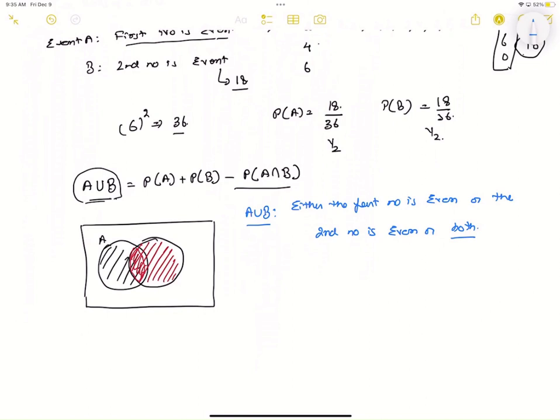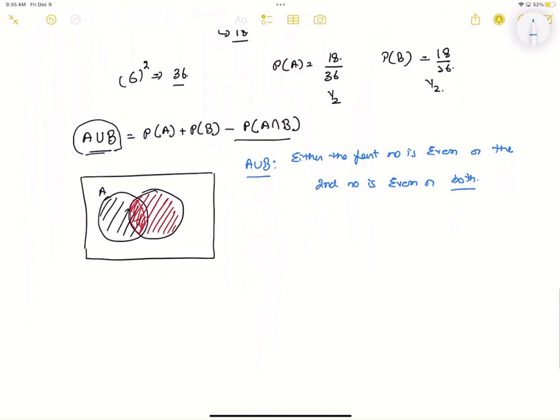So I get at least one even number. So P of A union B is equal to 1 upon 2 plus 1 upon 2 minus probability of A intersection B, which means that both are even numbers.